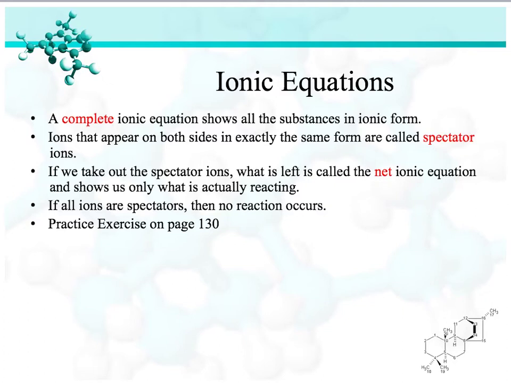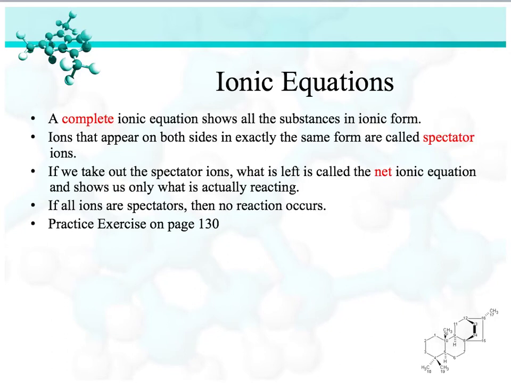All right, and so on page 130, we have what looks to be silver nitrate and potassium phosphate. And it says, write the net ionic equation for the precipitation reaction that occurs when aqueous solutions of silver nitrate and potassium phosphate are mixed. Everybody stop the recording and try this, and then turn me back on and see if you got it right.